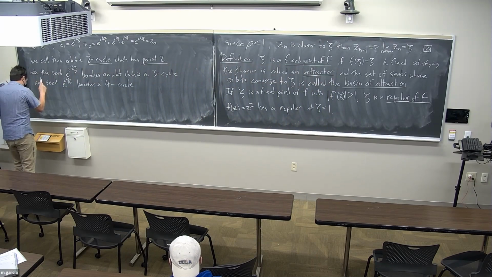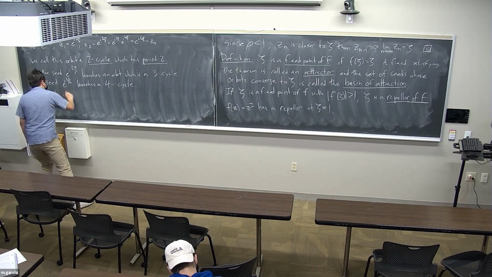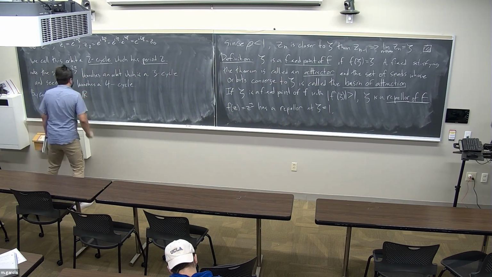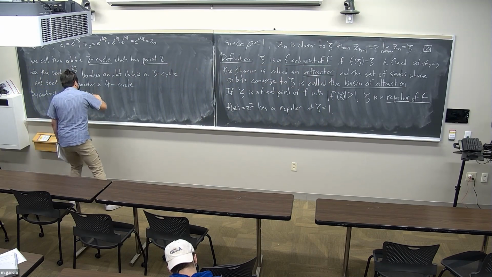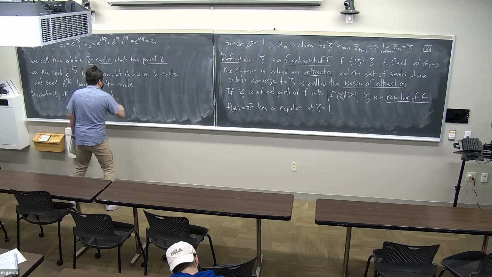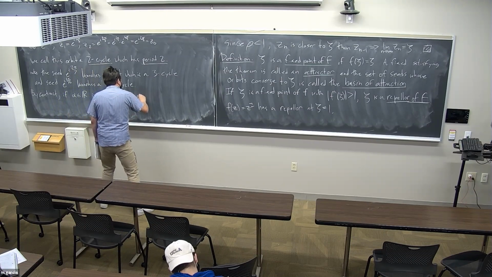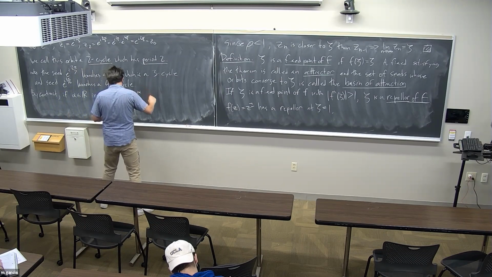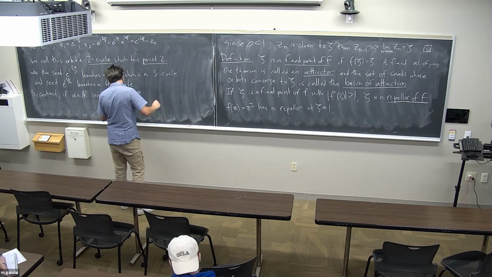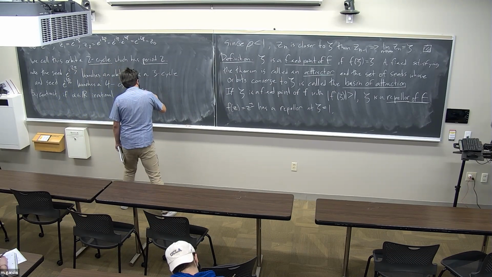By contrast, if we take a real number alpha which is irrational, the seed e to the i alpha 2 pi never repeats.